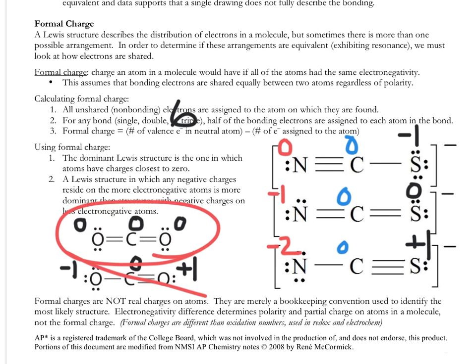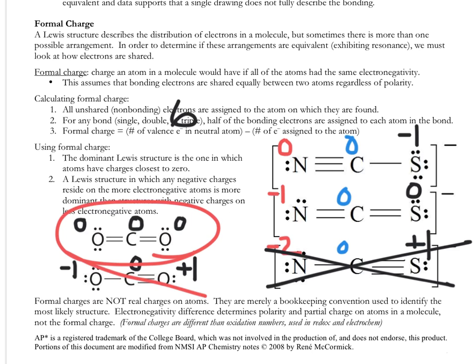So we want to figure out, are these all equivalent to each other? If not, which one is the best? Well, the bottom structure has a -2 and a +1. It adds up to the total charge, but we're not as close to 0 as possible. So that one's definitely not as likely as the other two. So here we have carbons with 0.